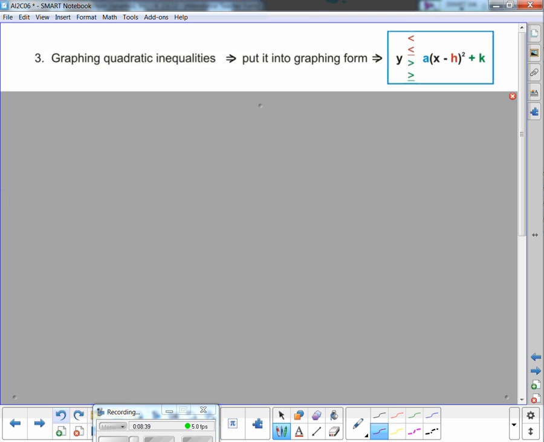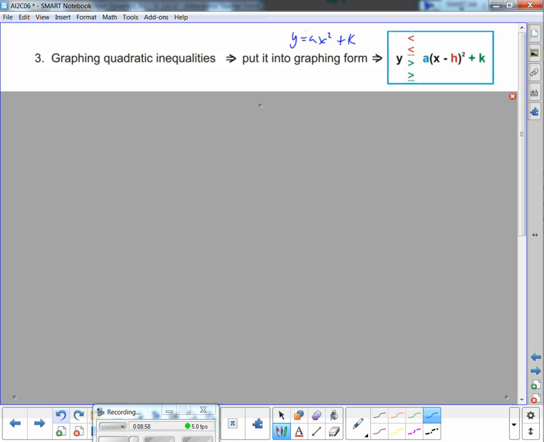All right, so none of those are, so you can have just y equals ax squared plus k. No horizontal shift, just the k, a vertical shift. So the vertex is going to be (0, k), whatever k is.